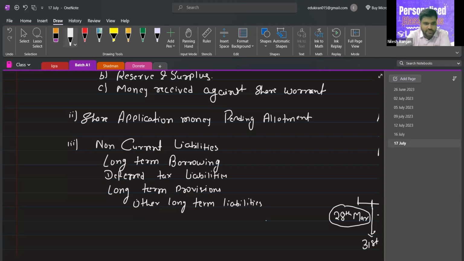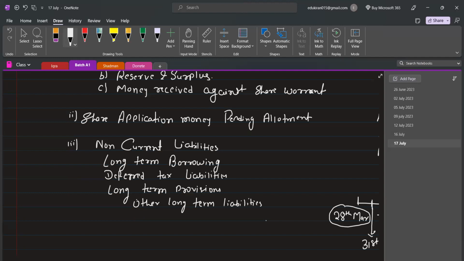Okay, so loan from bank can be written only in long-term borrowing, or maybe it is also included in short-term liabilities. So it can be written in short-term liabilities.